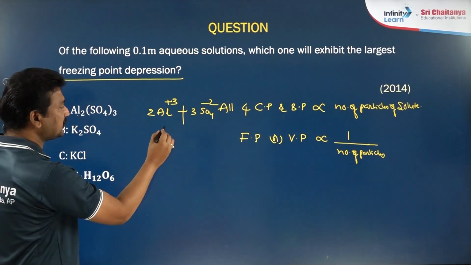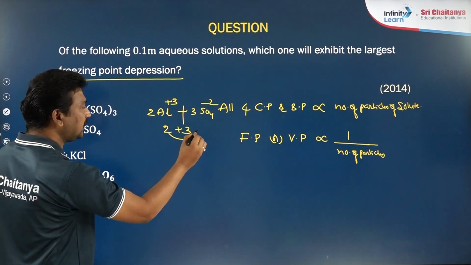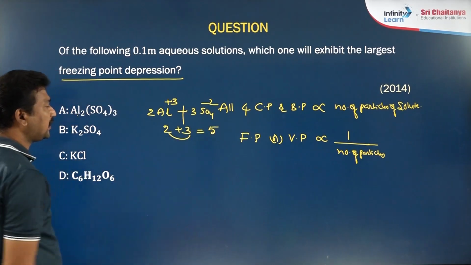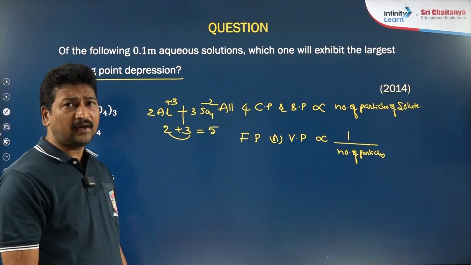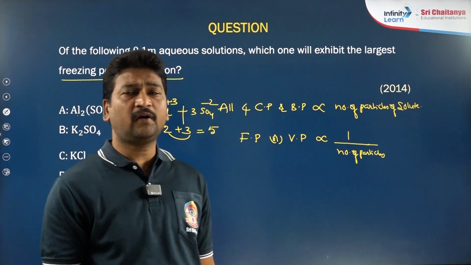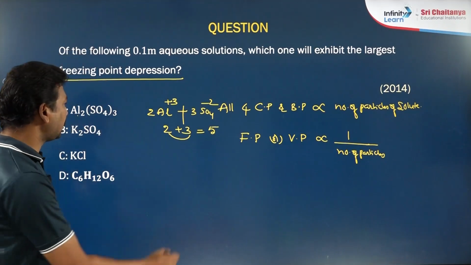How many Al+3 ions are there? 2. How many SO4-2 ions are there? 3. 2 plus 3, 5. So what is the i value here? 5. Can we take the i value directly here? We can, since alpha is not yet mentioned, we can take the i value as the number of particles.